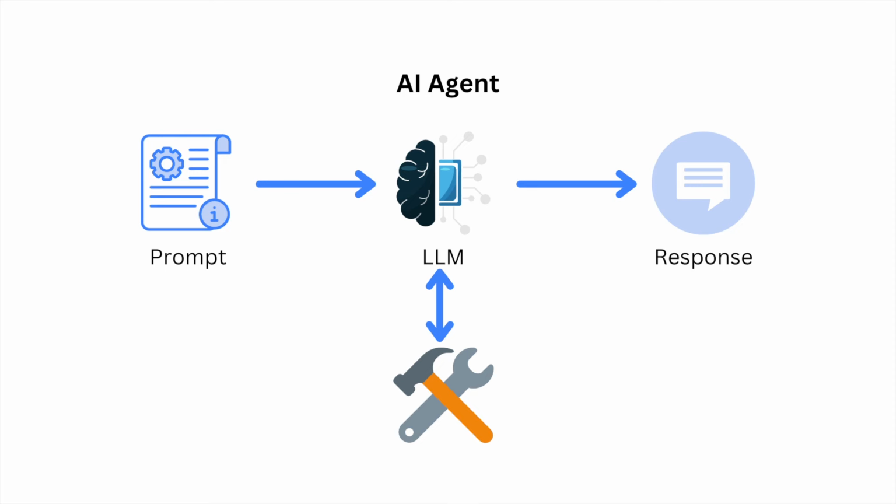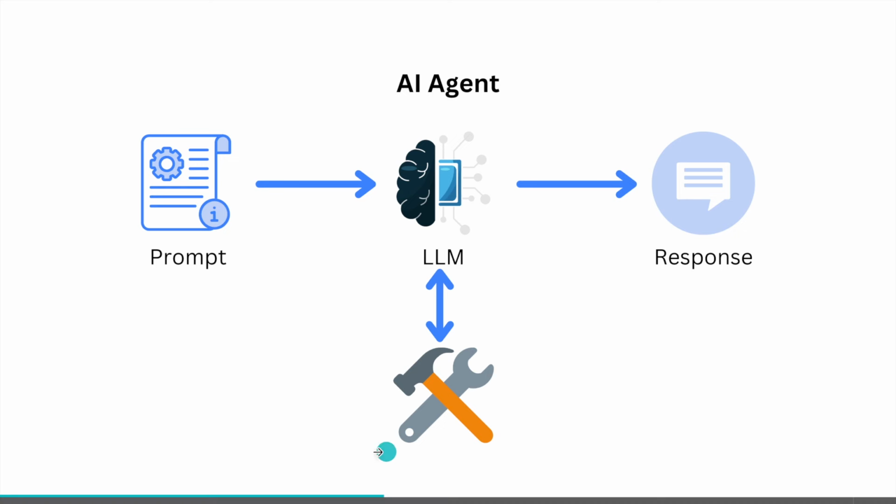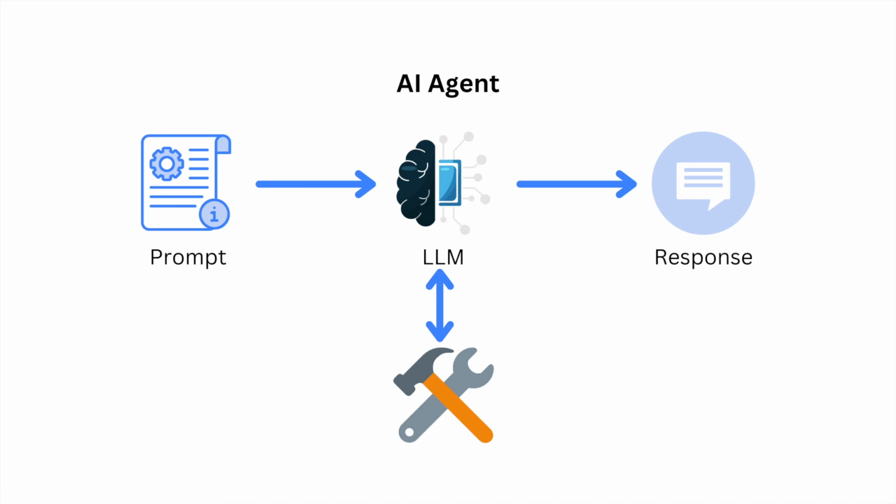In the case of an AI agent, a new path is added, where the LLM can interact with a few things to generate the desired response. It can be anything. For example, if you have a function and you ask some question to the AI, then it can process these functions to generate the output and give the semantically correct response.